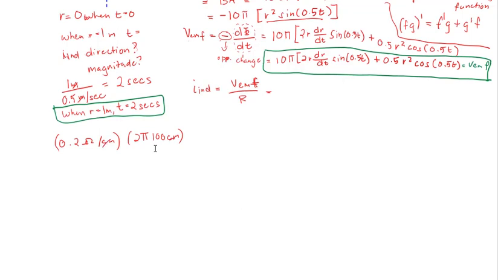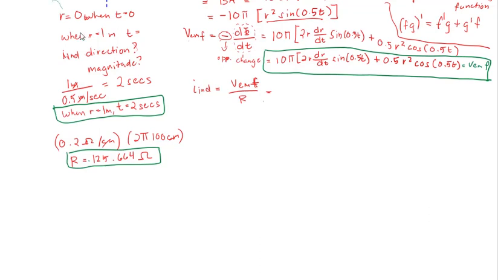So now we're just left with 0.2 ohms times 2 pi times 100. 0.2 times 100 is 20, times 2 is 40. Let me get my calculator real quick: 0.2 times 100 times 2 pi, and we get a value of R equal to 125.664 ohms.